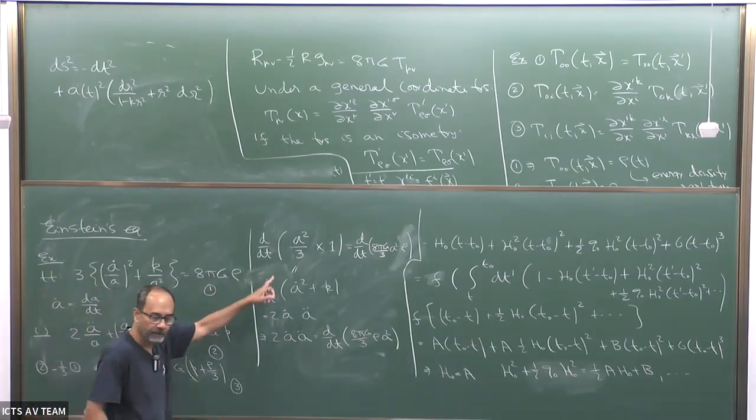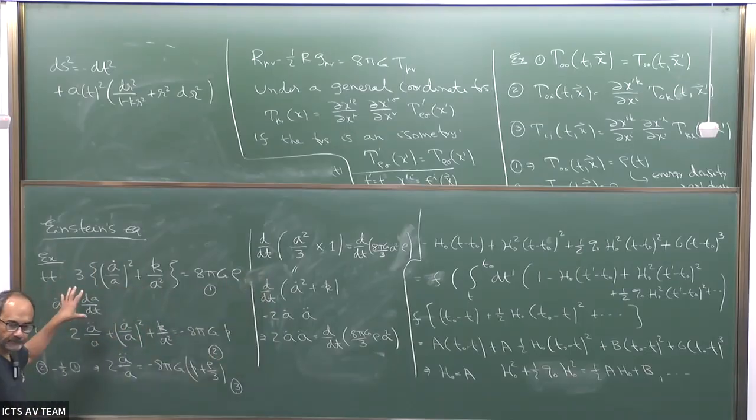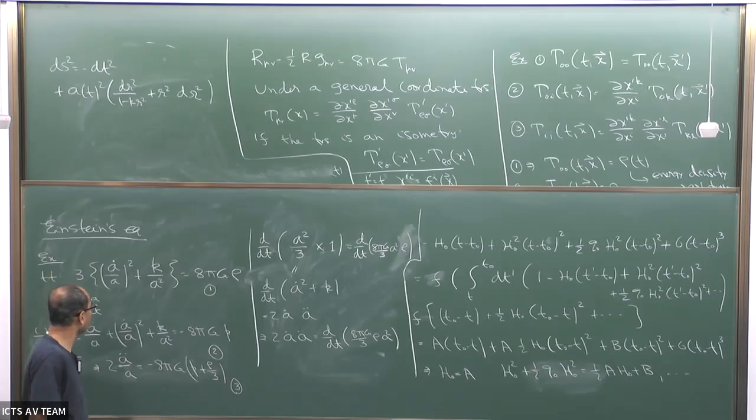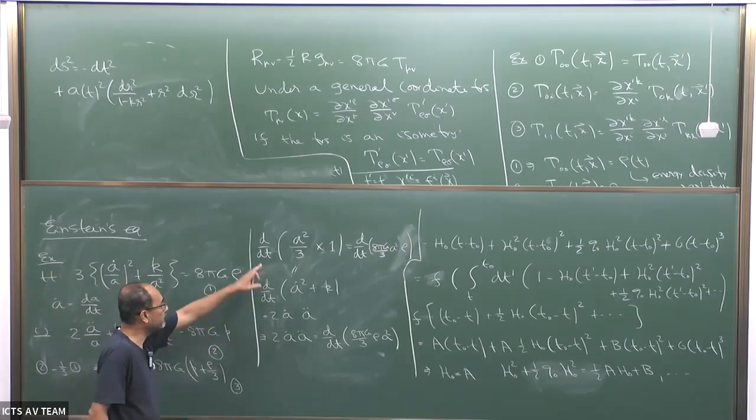First line, I just took this, multiplied both sides by a squared by 3, and took a derivative. Why is there a square? Here, first line.